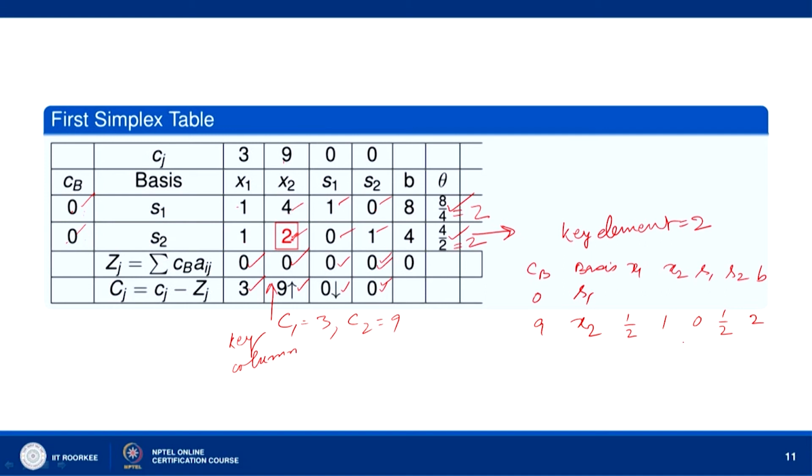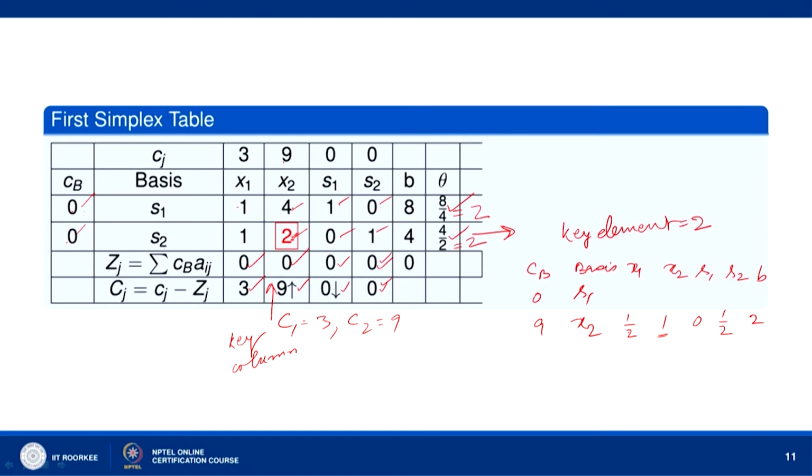Now, in this new row the key element has become 1. We multiply this row suitably and subtract from the other row to make the corresponding element in the key column 0. Here it is 4, so we multiply by 4 and subtract from here.